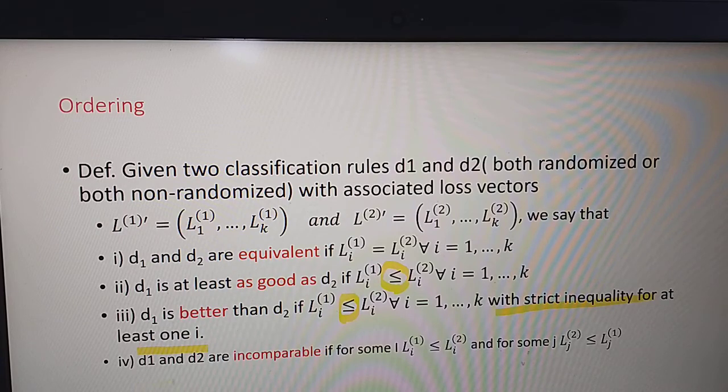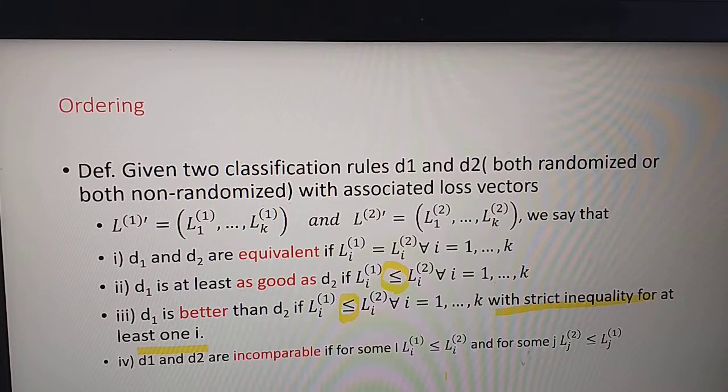Number 4, D1 and D2 are incomparable if for some i, Li1 is less than or equal to Li2, and for some j, Lj2 is less than or equal to Lj1. The reverse inequality holds for some j, while for some i the earlier one, Li1 less than or equal to Li2, holds.